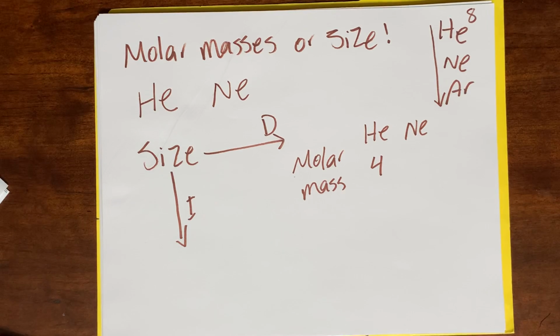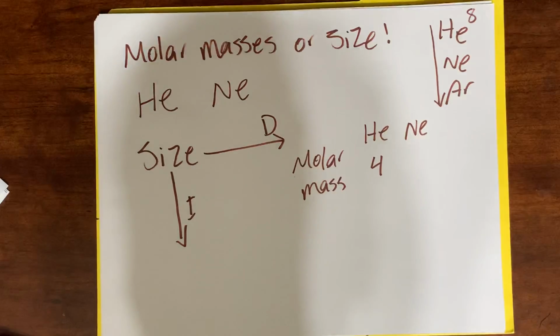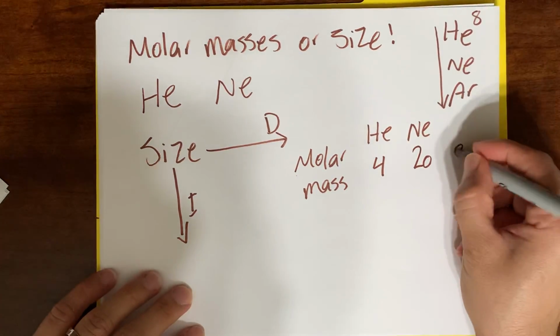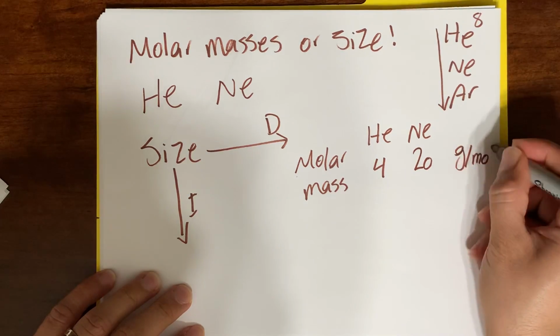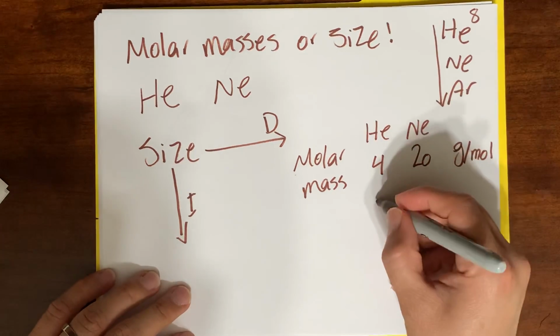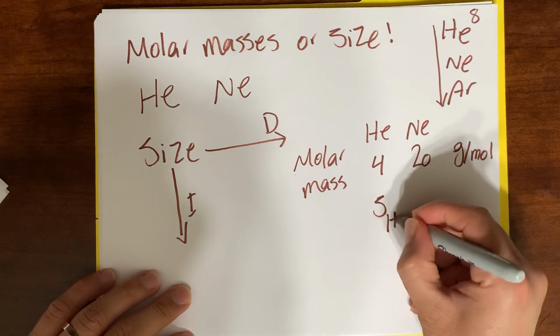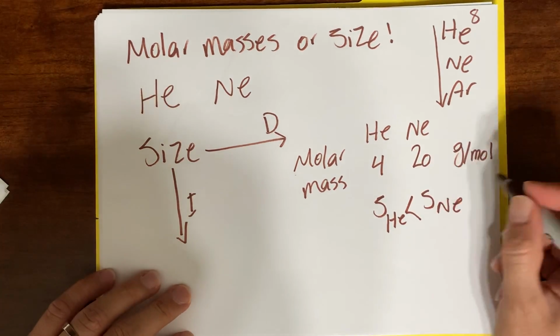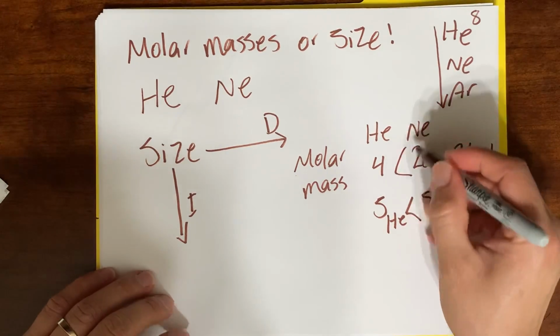Molar mass of neon is, yes, 20.18. So this one is around 20. Again, unit gram per mole. So I'm going to say entropy of helium is less than entropy of neon, because molar mass of neon is higher.